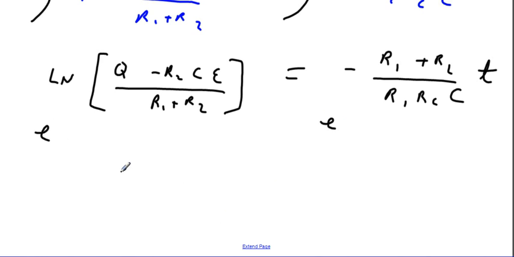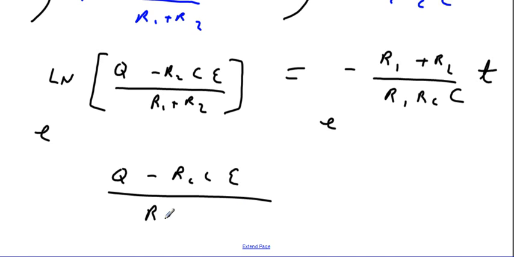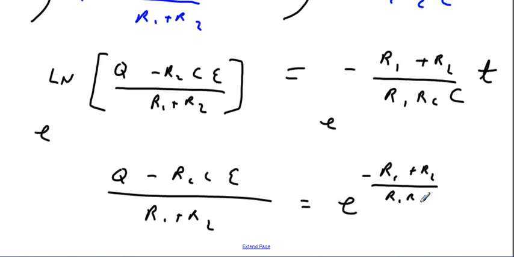And I'm going to have Q minus R2CE divided by R1 plus R2 equal to e to the minus (R1 plus R2) divided by R1R2C times t.